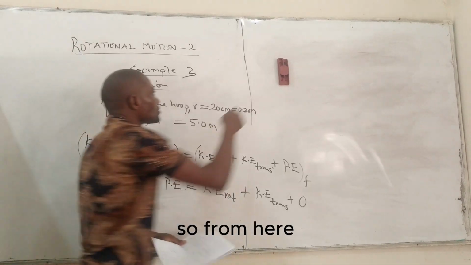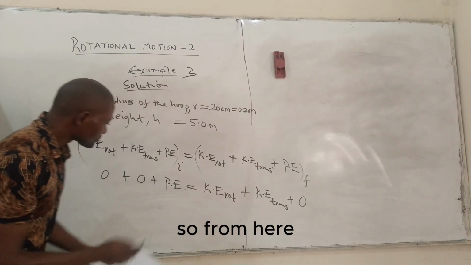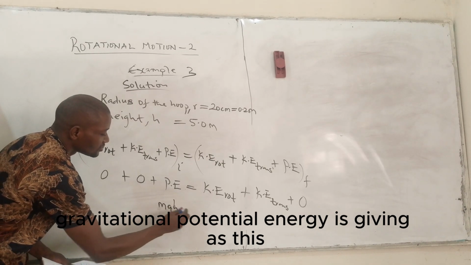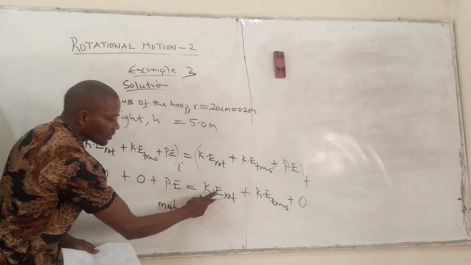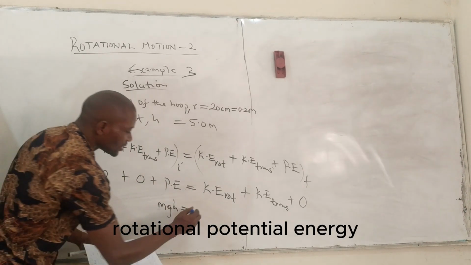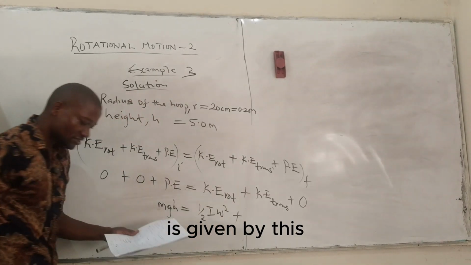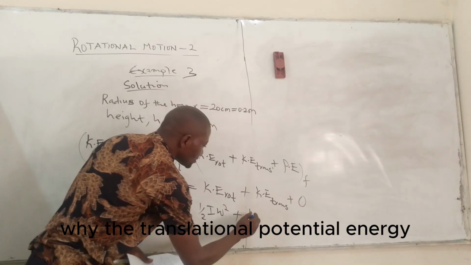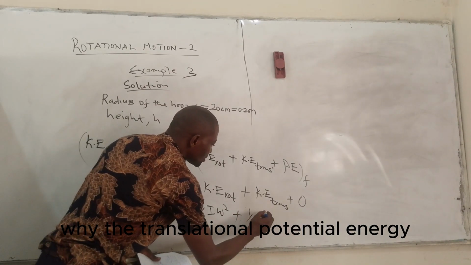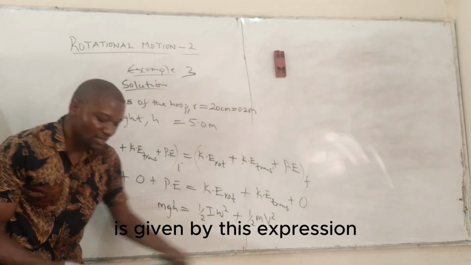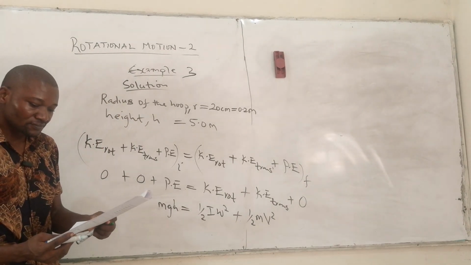So, from here, gravitational potential energy is given as this. Rotational kinetic energy is given by this, while the translational kinetic energy is given by this expression.